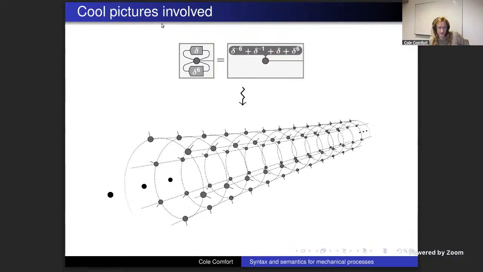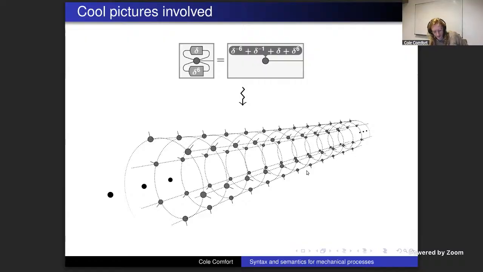You have this string diagram from the previous slide, and it represents a graph, but now the graph is this weird infinite thing. Somehow you can tame things and reason about them using these simple string diagrams, when semantically it's unfolding into this cool spiraling pattern.